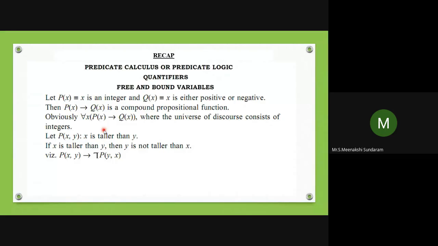Obviously, for all x, there is a quantifier, for all. That's why I can give the quantity for all or for some. There are two quantifiers we have studied. One is universal, another one is existential.